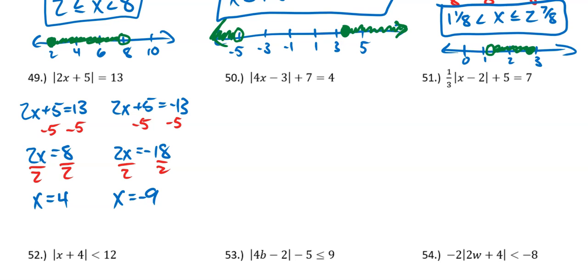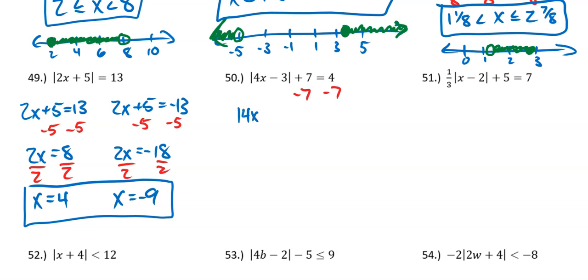And then I can always plug these back in, make sure they work. Each of these does work when I plug it back in, okay? If I look at the next one, I'm not ready to split this up yet because I don't have the absolute value equal something. I need to get the absolute value by itself first, okay? And so here I subtract the 7 from each side. And from here, I could split this up.